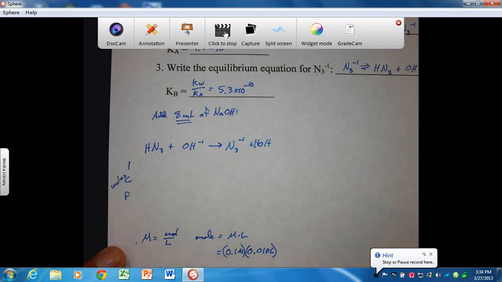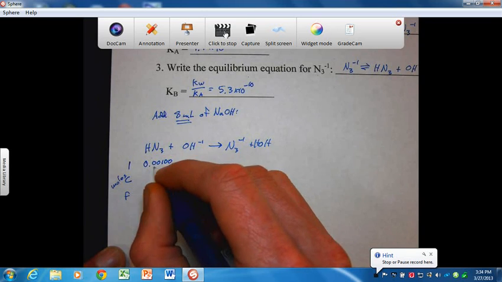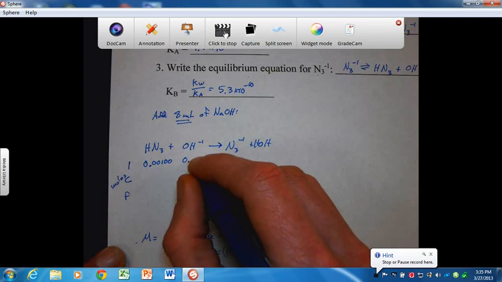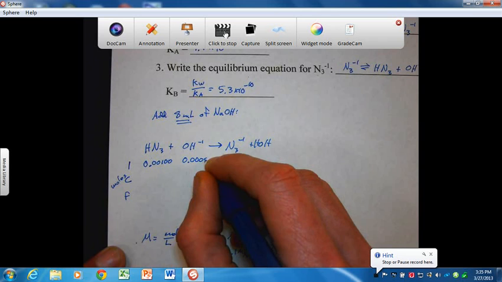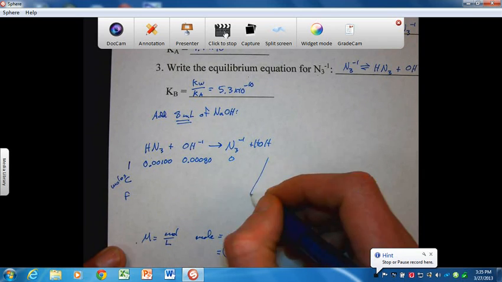For the weak acid, that tells me I'm at 0.00100 moles, following sig fig rules. Doing the same thing for the base, it's 0.1 molar base, but I only have 8 mils, making it 0.008. The math tells me it's 0.00080. And we can assume that we'd have 0 for the products, and who cares about the water? Water won't really make a difference in this case.